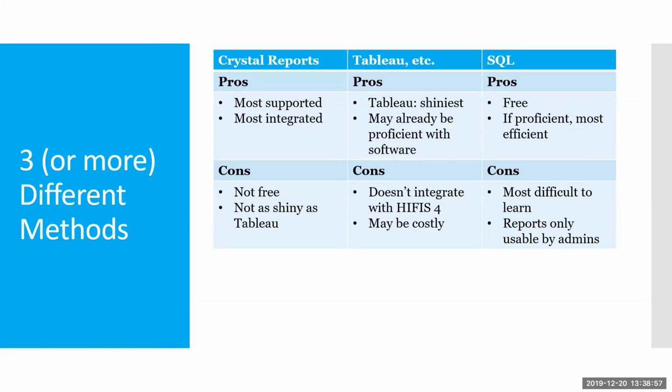The biggest con for Crystal Reports is it's not free. Although, again, you might be able to get a free license if your community has already purchased one. But also it's not free inasmuch as you would need to train some staff to become proficient with it. The other con is it's not as shiny as Tableau. It's functional, but people often say Tableau is much prettier.